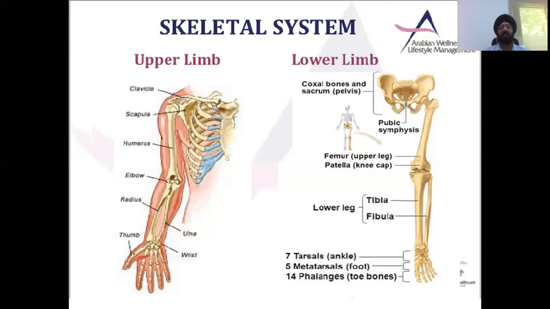The lower extremity is made up of femur, the thigh bone, and the tibia, shin bone. Then comes ankle, which is made up of small cuboid bones known as tarsals, which connects to the foot, which is made up of metatarsals. The shin bone, tibia, is supported with a thin bone on the lateral side known as fibula.